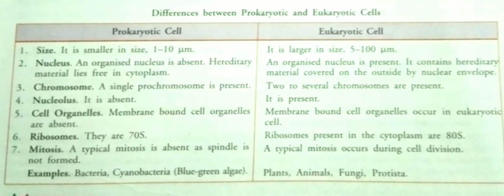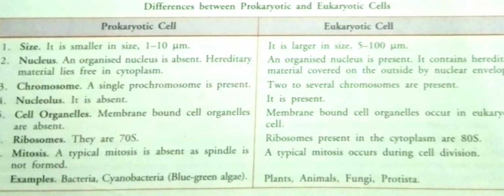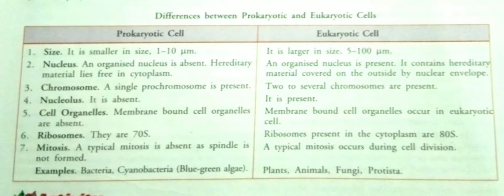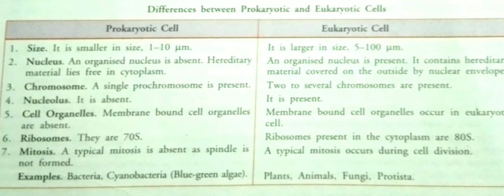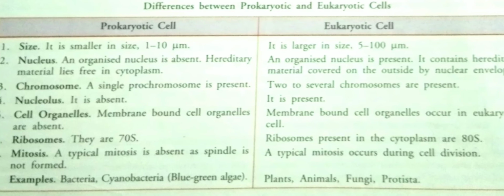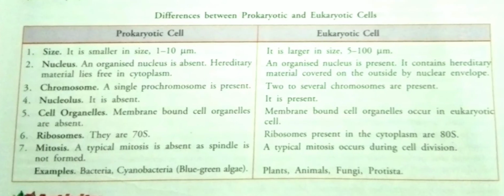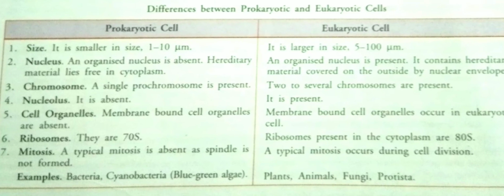A single protochromosome is present in the prokaryotic cell, but two or several chromosomes are present in the eukaryotic cell. Nucleolus is absent in prokaryotic cells but present in eukaryotic cells. Membrane-bound cell organelles are absent in prokaryotic cells but present in eukaryotic cells.